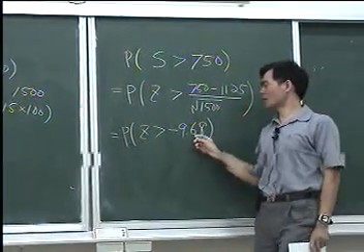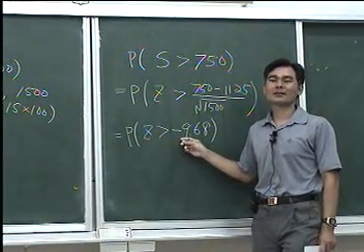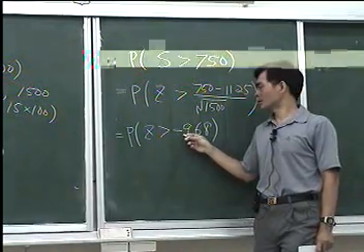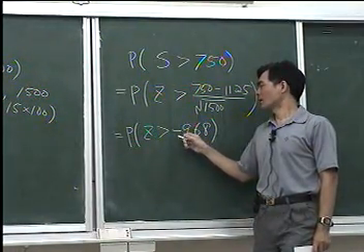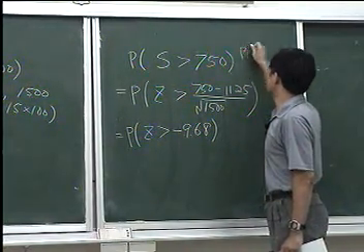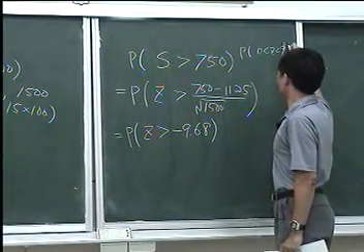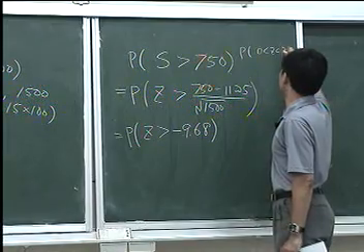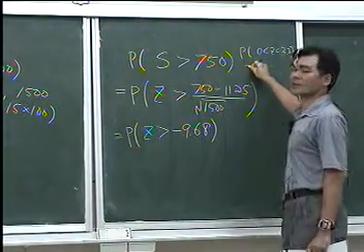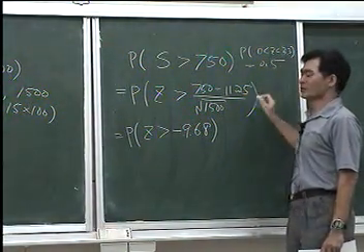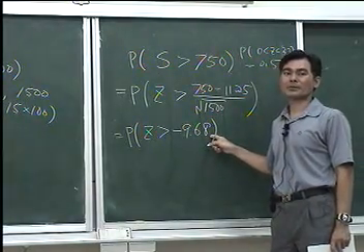Because when you check the table, can you find 9? No. But you know if Z is between negative 3.3 and 3.3, what do you get? You get 0.5 on each side. So what does that mean? What's the probability there?